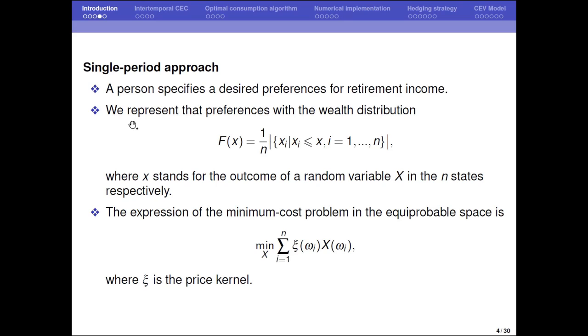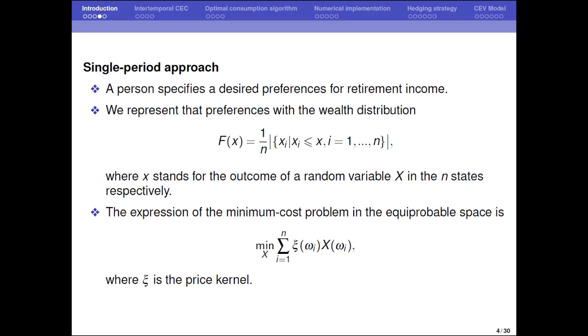We represent the preferences with the wealth distribution F of X equal to 1 over n, multiplied by the number of outcomes of the random variable X in the n states respectively.